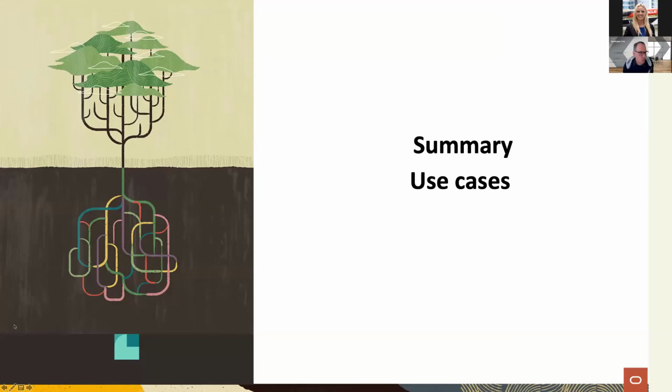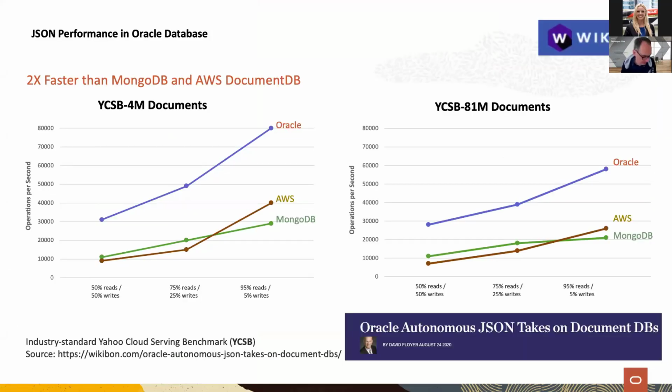One aspect is, obviously, how does this cloud service perform? A lot of people consider NoSQL databases or dedicated JSON products if they want to work with JSON. We can point to this third-party benchmark, an industry benchmark, YCSB, that a company called Wikibon looked at last year when we launched our autonomous JSON cloud service, and they found us to be faster than competing NoSQL products.